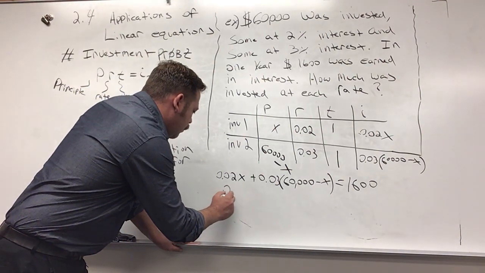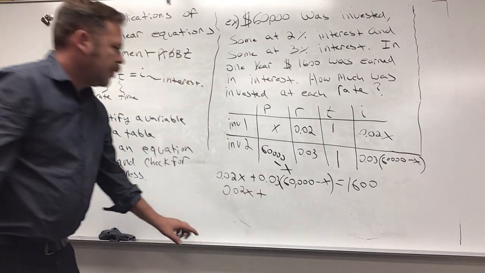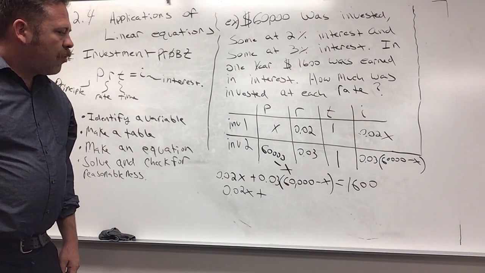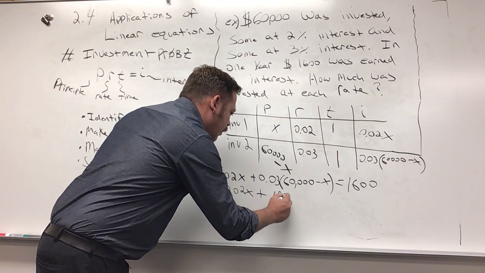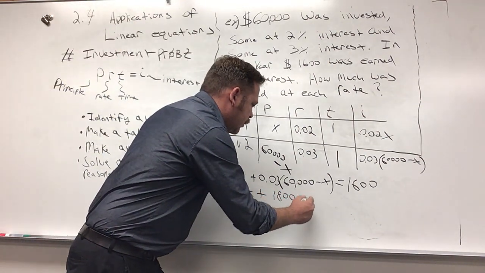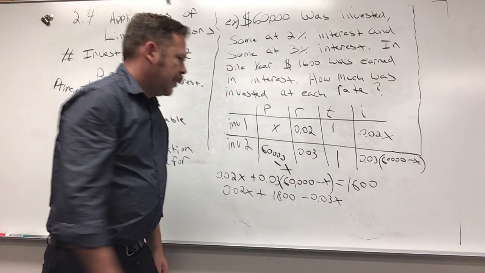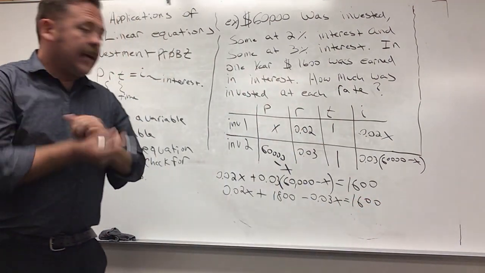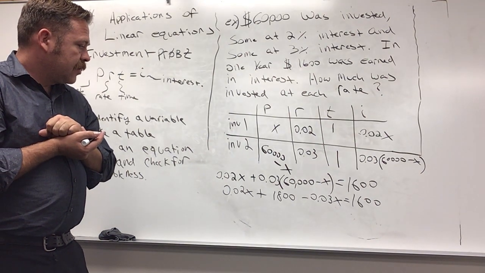So 0.02x plus 60,000 times 0.03 is 1,800 minus 0.03x equals 1,600.